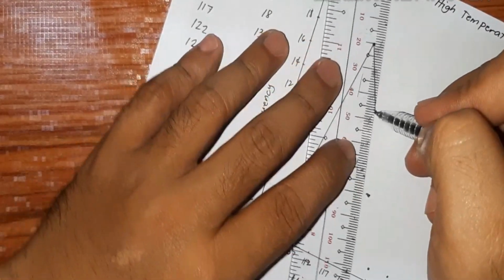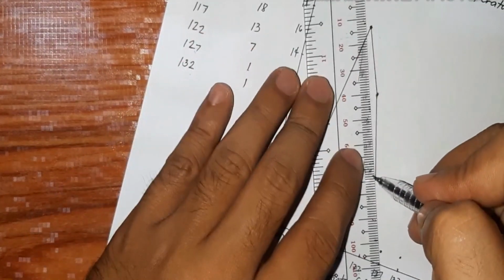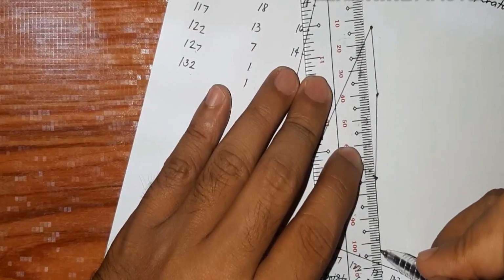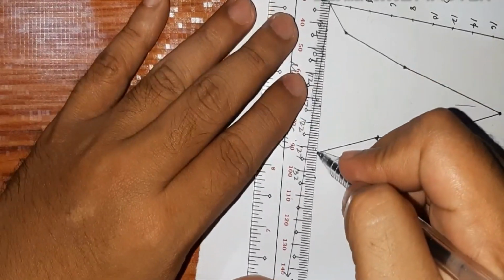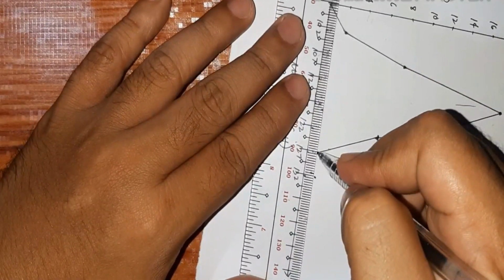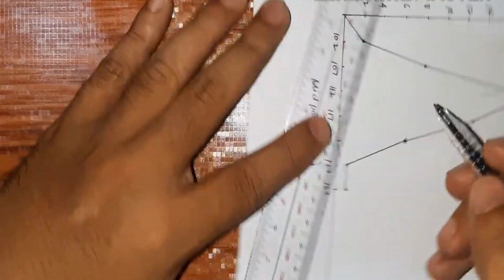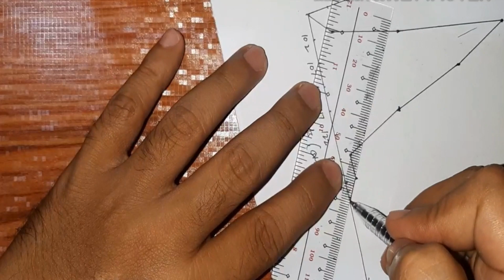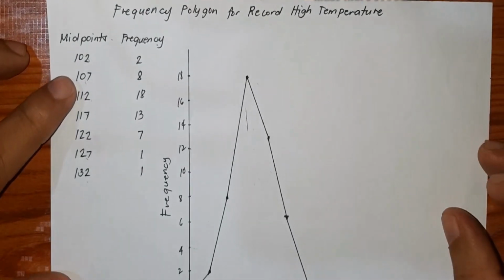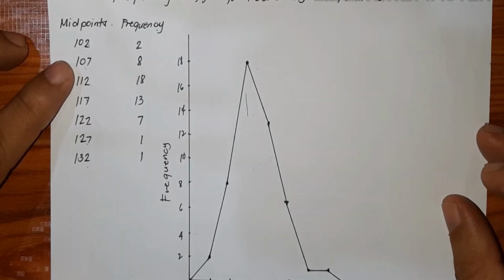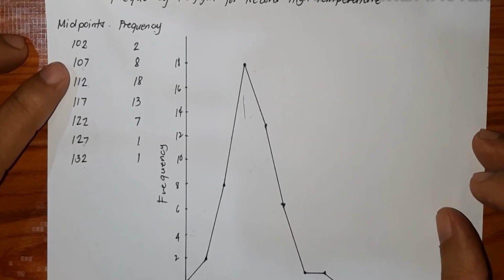From this point up to this point. Okay, at yung point na to. Okay, so i-unlock siya natin. So this is the frequency polygon of record high temperature.